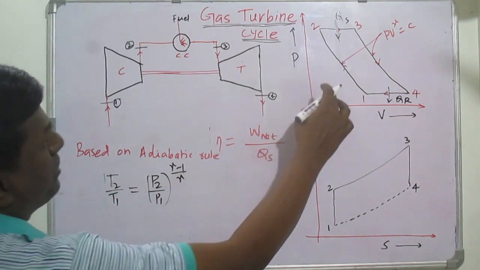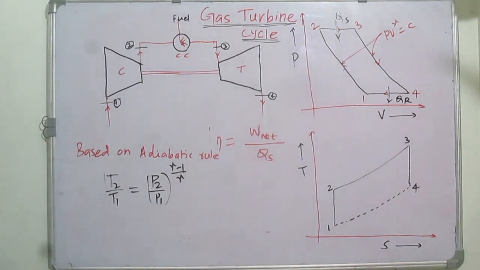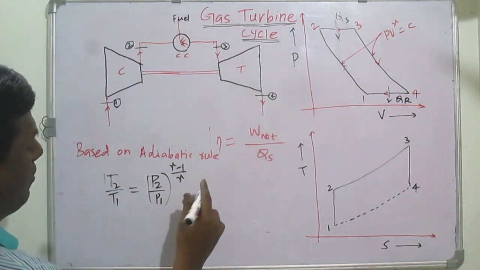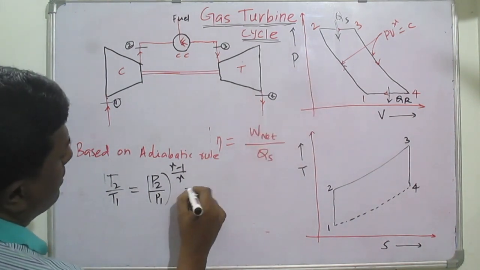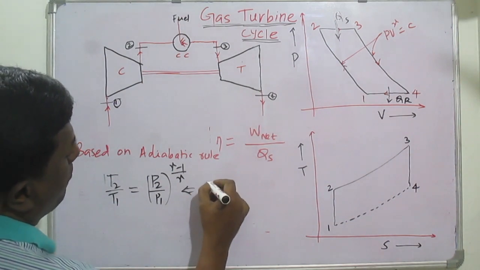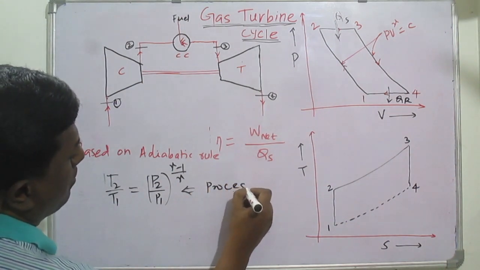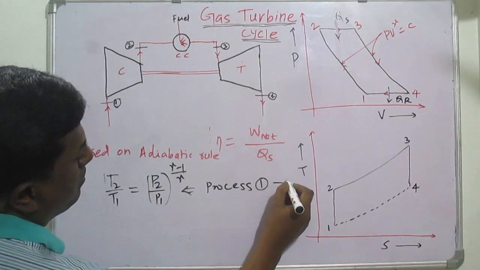This is for the isentropic compression, for process 1 to 2.